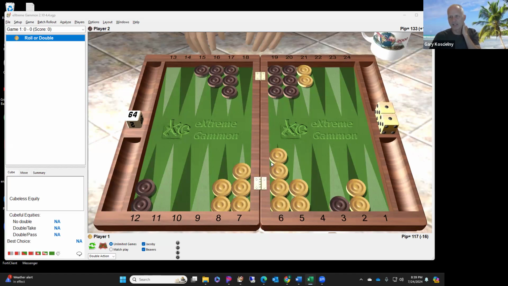Compared to black, he can make this point or this point if we don't hit him, because he's got spares back here. So I don't think we have an advantage in the priming game plan.